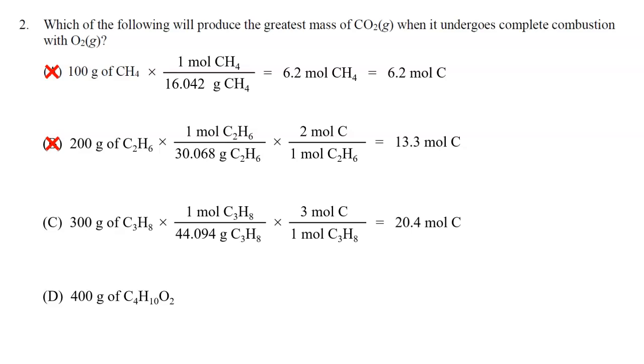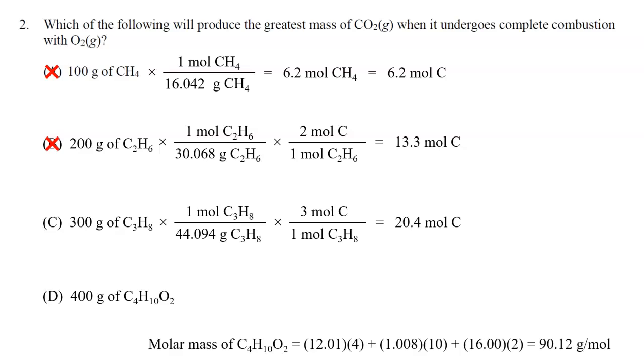And then finally, let's move on to choice D. We have 400 grams of C4H10O2. Using the information on the periodic table, the molar mass of C4H10O2 is equal to 90.12 grams per mole. Again, paying attention to that subscript.